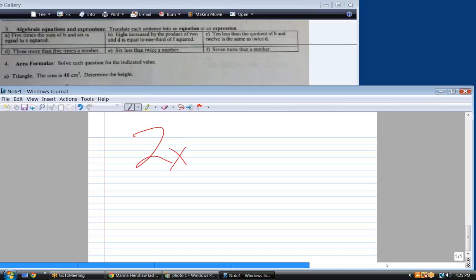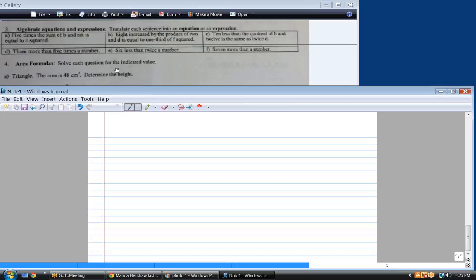So it's 2x minus 6. And F, 7 more than a number. x plus 7. Yeah.